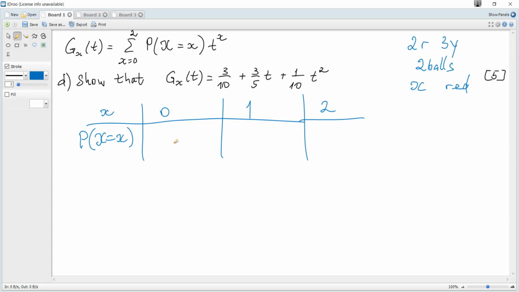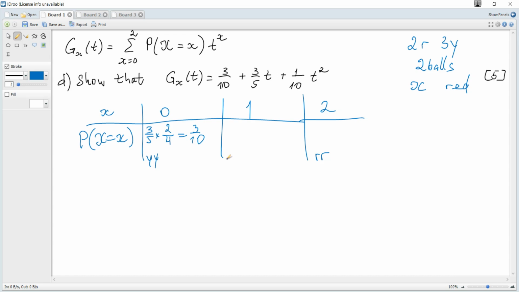So 0 red taken means yellow and yellow, and the first yellow is 3/5, because it's 4 in total, and 2 yellow remain, so it's 2/4, so it's 3/10. It's definitely easier to find red and red, and then this can be found as 1 minus this minus this. But let's find this directly.